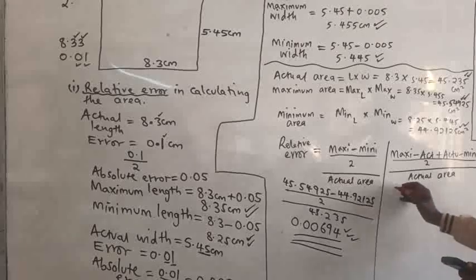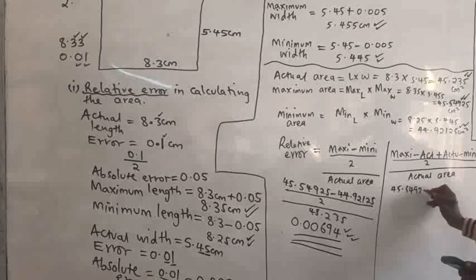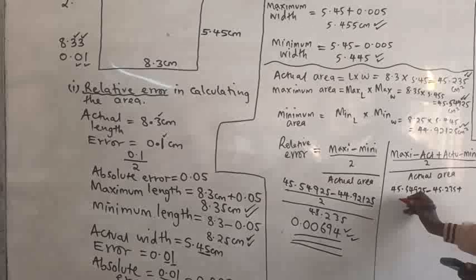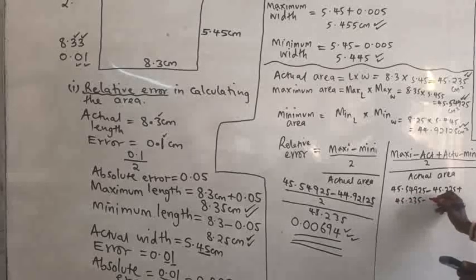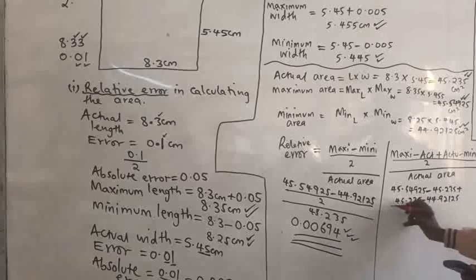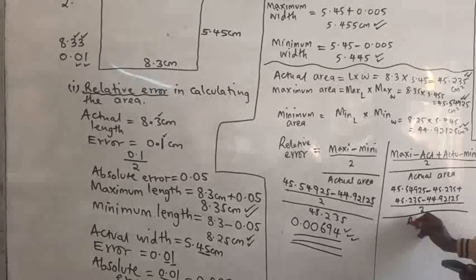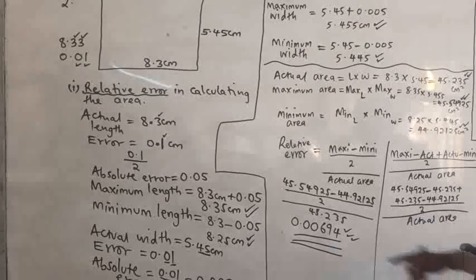What is our maximum area? 45.54925 minus our actual area 45.235, plus our actual area 45.235 minus our minimum, 44.92125. This gets divided by 2, then everything is divided by the actual area. We're going to get the same answer.